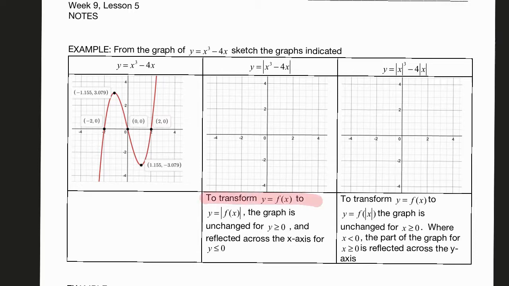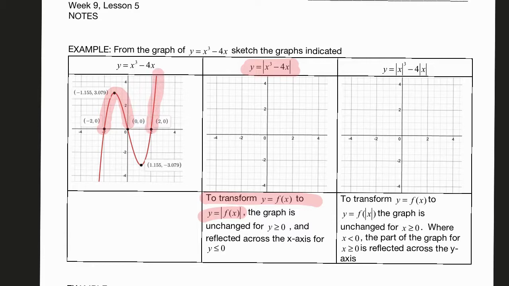Okay, so if you're given the original graph, which you are, and you're asked to graph the absolute value of it, which you can see right here, that's what you're being asked to graph. It says, again, you can read, but that it is unchanged for y is greater than or equal to 0, which means that this part of the graph and this part of the graph are unchanged.